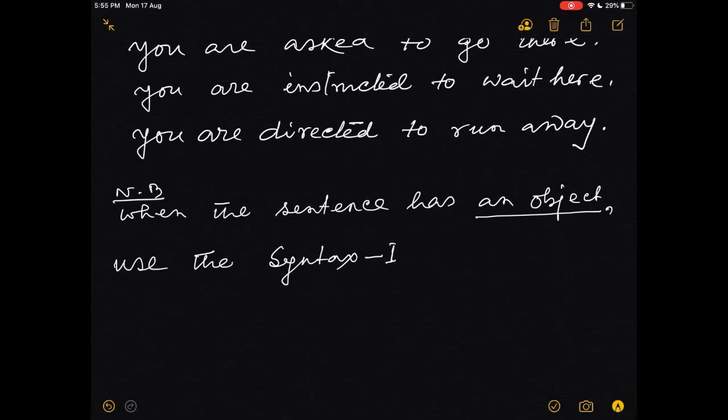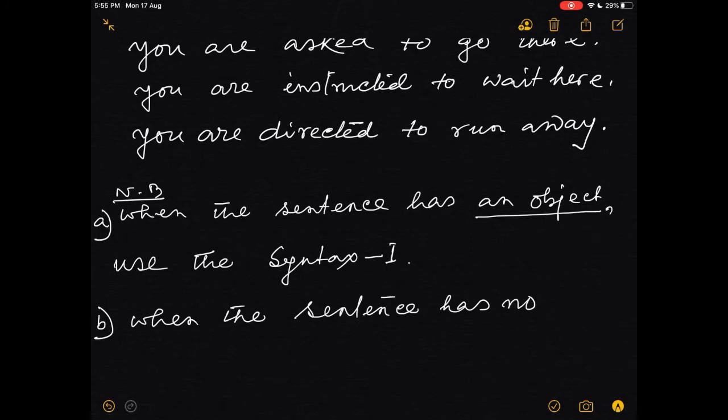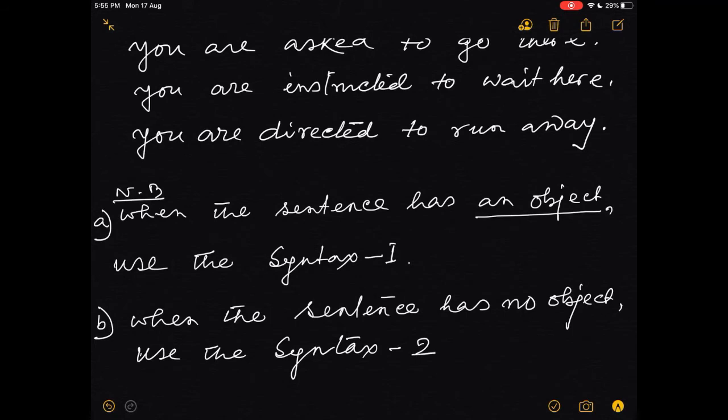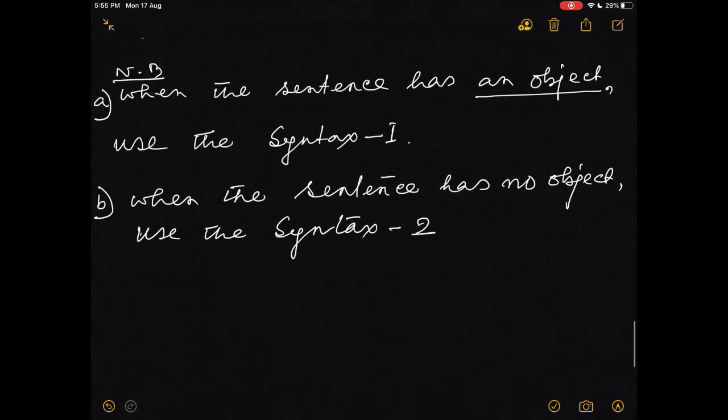Syntax number 1. And B, when the sentence has no object, use the second syntax. Use syntax number 2. Clear?